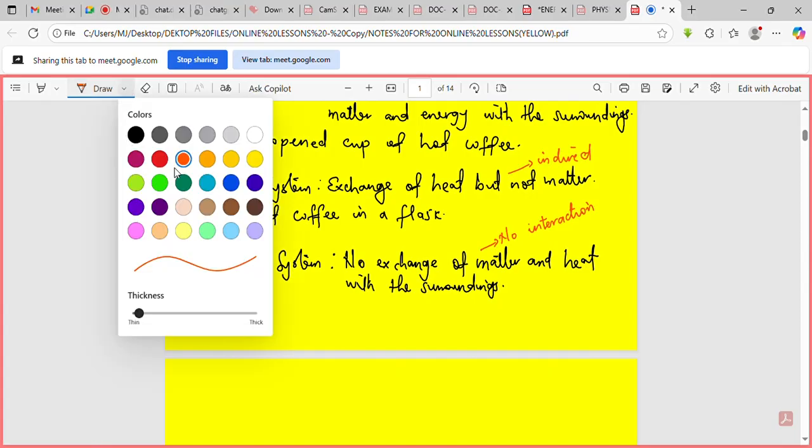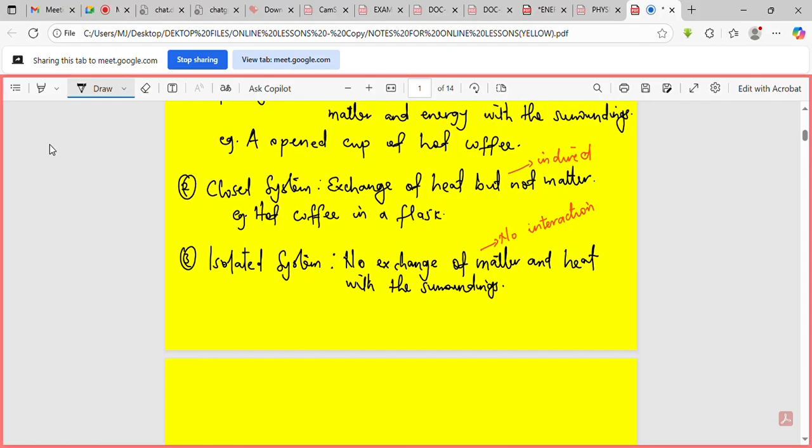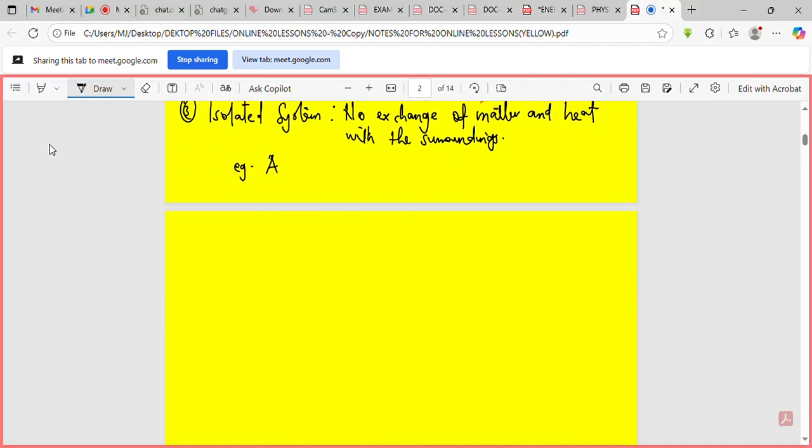So what then is an example of an isolated system? A classical example of an isolated system is a vacuum flask or a well-lagged calorimeter. I'll explain them. And this is also a question they like to ask.